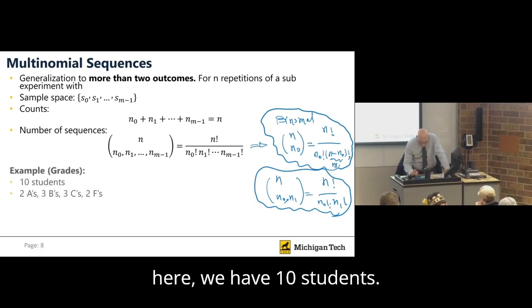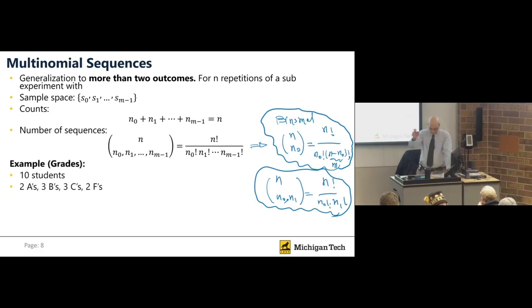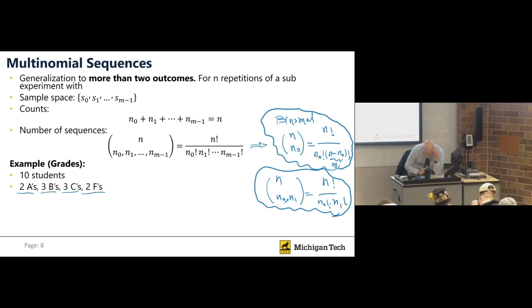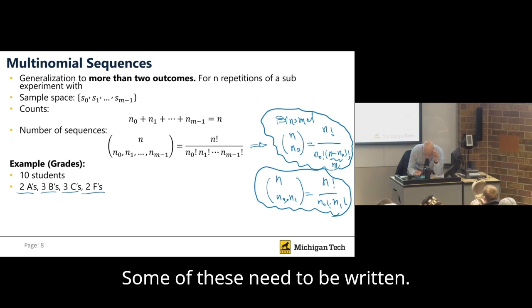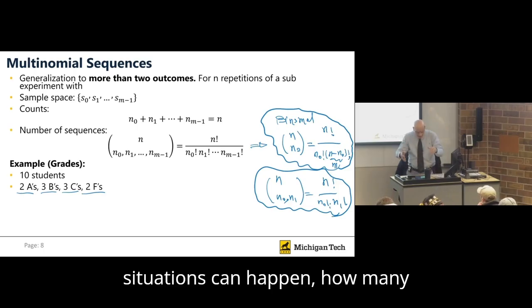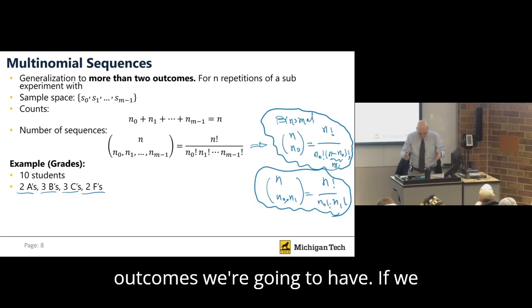Another example here, we have 10 students. What about we have 2 A, 3 Bs, 3 C, and 2 F. The sum needs to be 10. We want to see how many situations can happen, how many outcomes we're going to have.